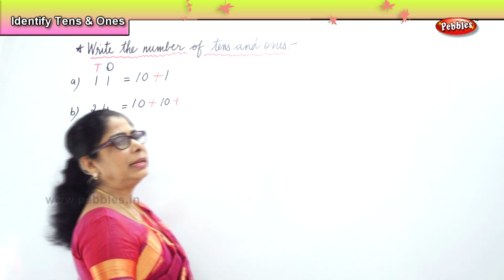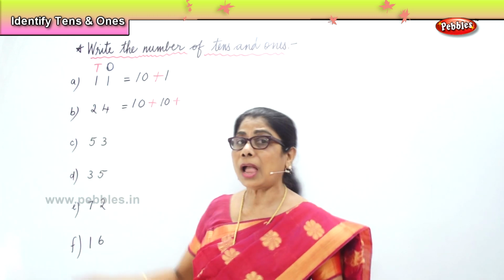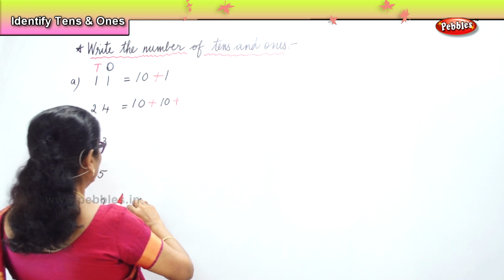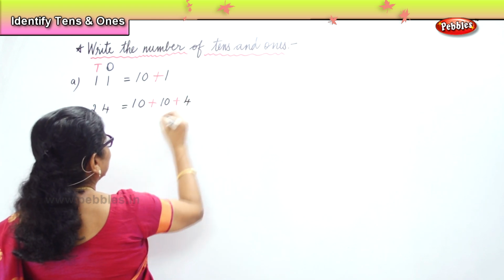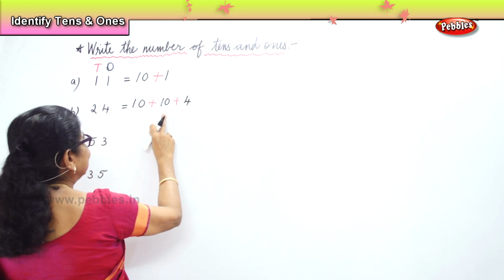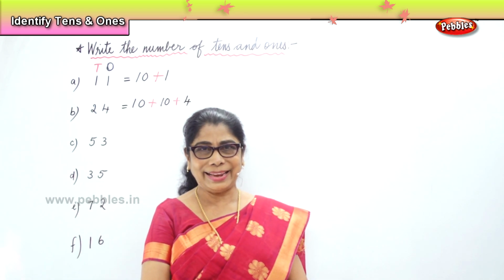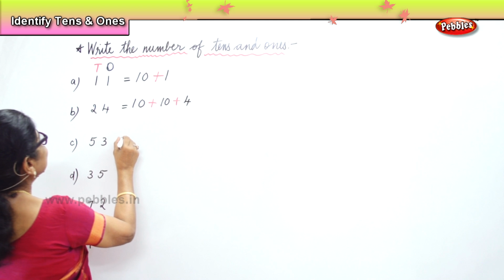Now, let's look at the ones place. How many ones are there? 4. Simple. You have 4. 10 plus 10, 20. 20 plus 4, 24. Is that correct?